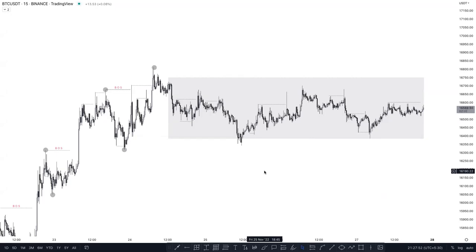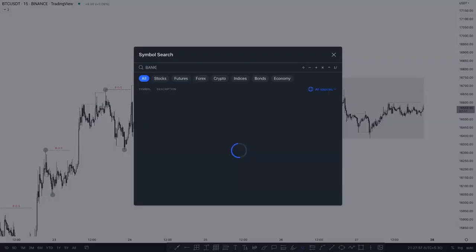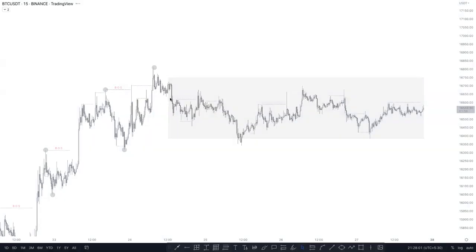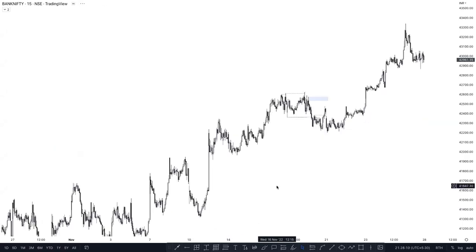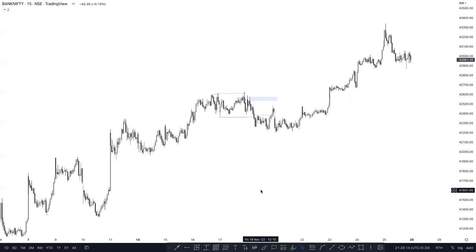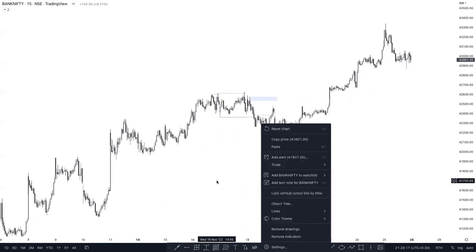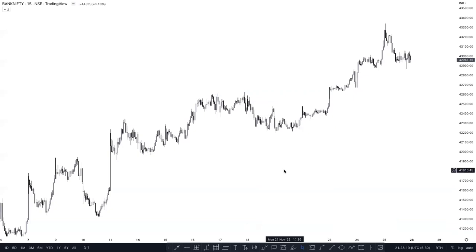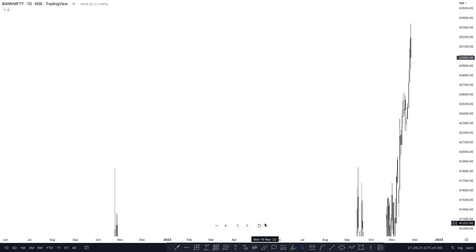Now switch into another major pair, Bank Nifty. Let's first open the higher time frame scenario.